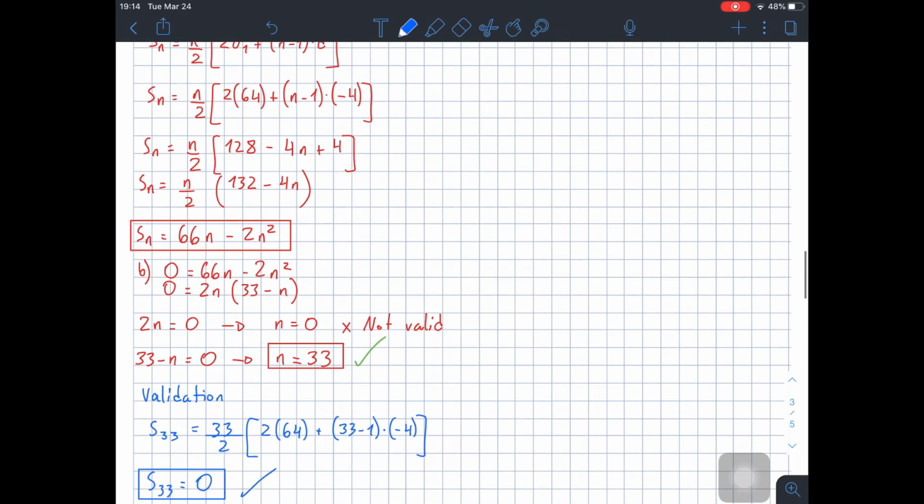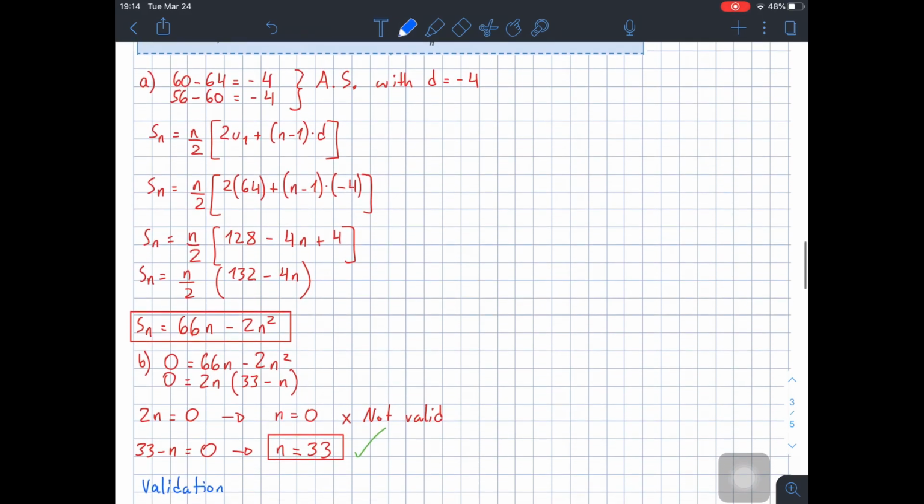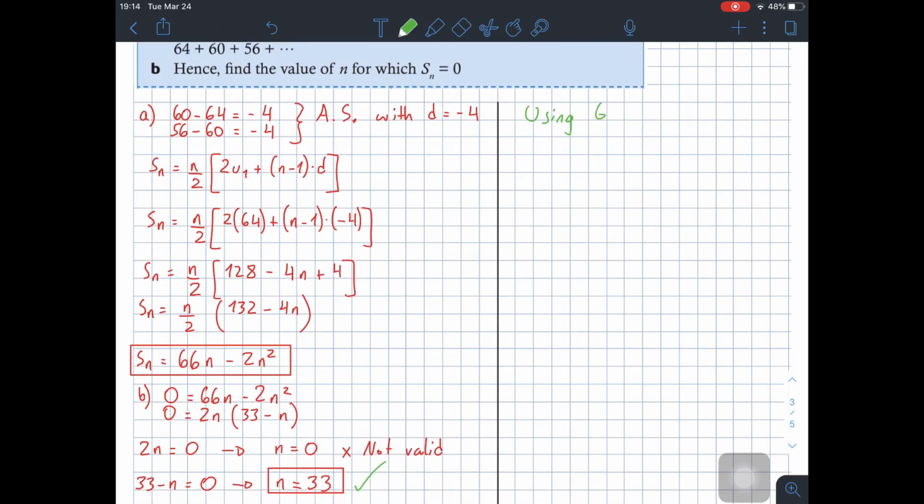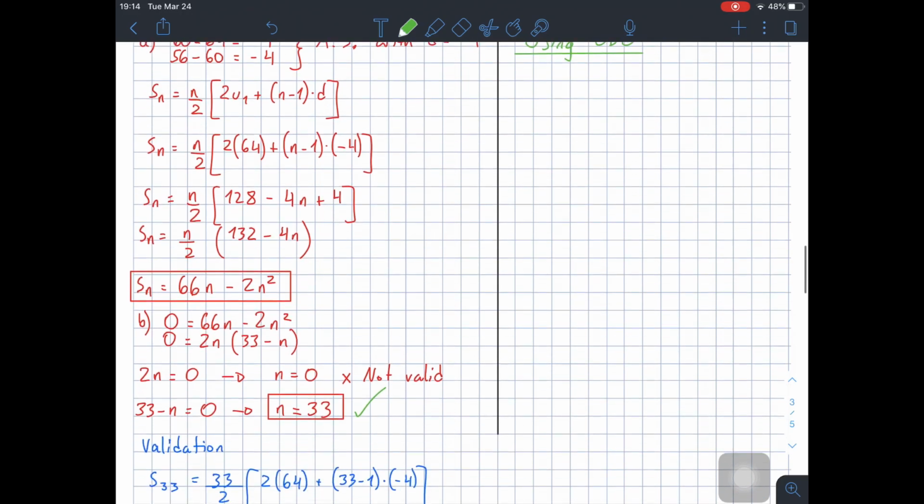The other way of solving this, if you want to use your calculators, I'm going to make a division here. I'm going to make it with a green color using GDC. This is only valid for part B of the exercise.